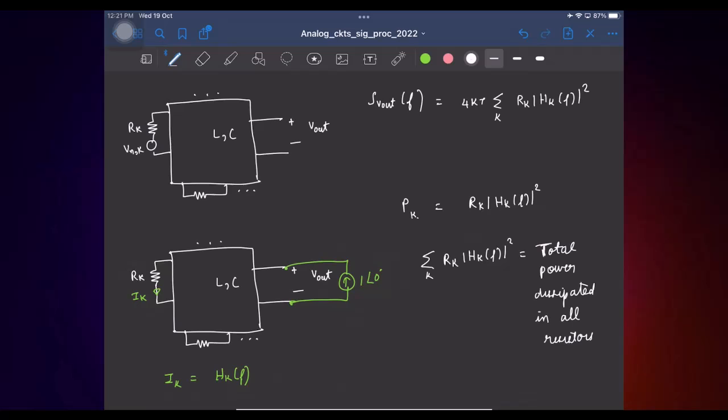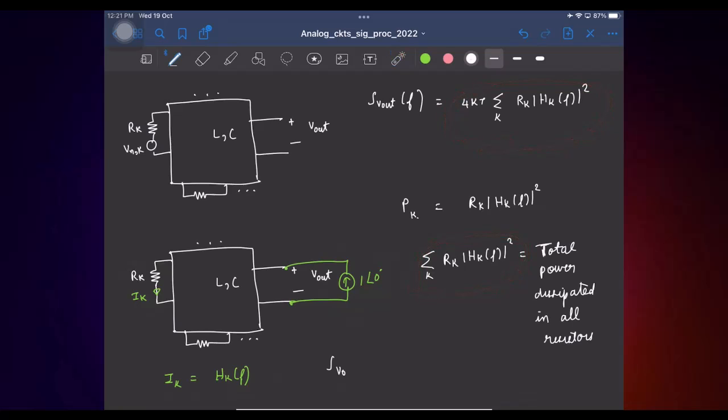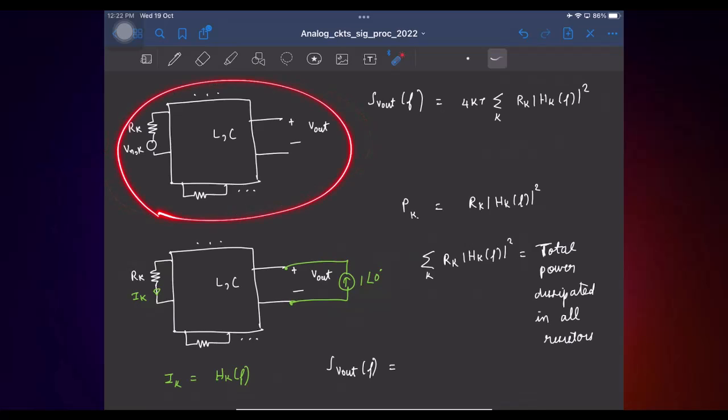Is it fine? So now stare at these two and tell me what Sv out of f is. Okay, this is a separate thing, right? This is the network we are interested in. We are supposed to find the output power spectral density, and that has an expression of this.